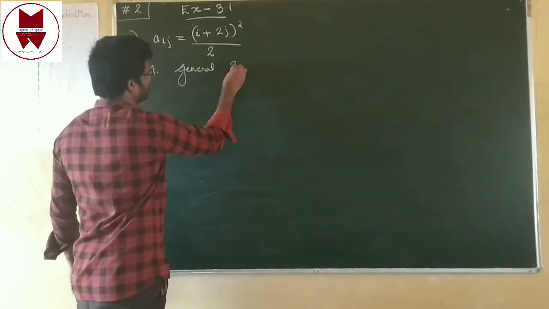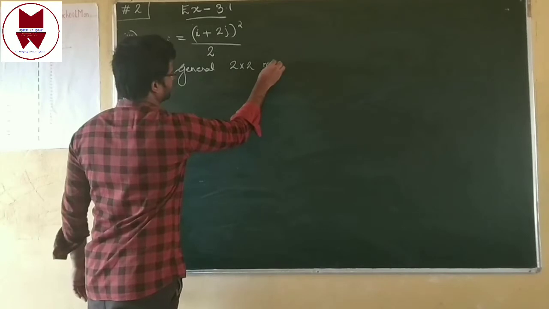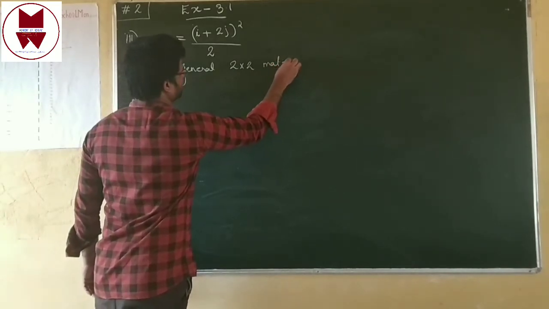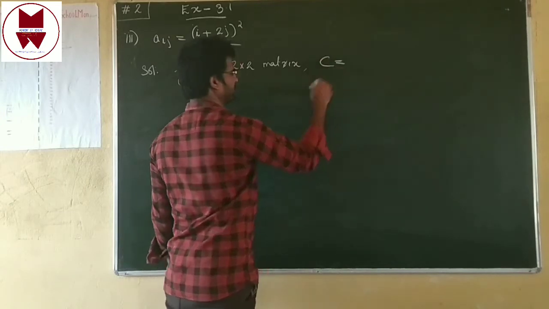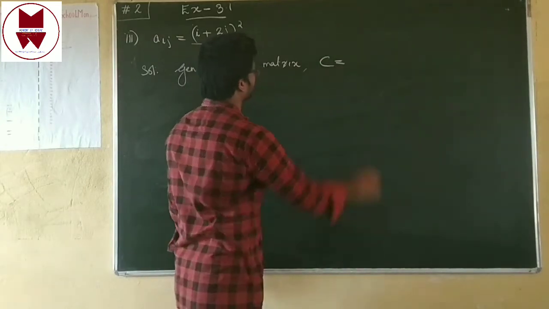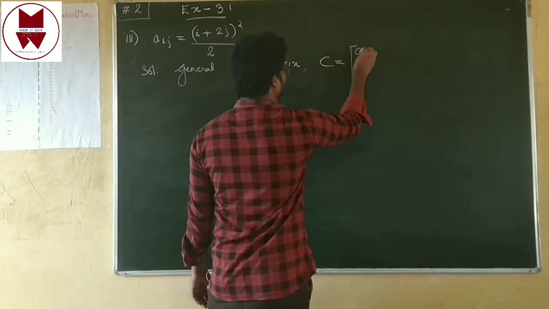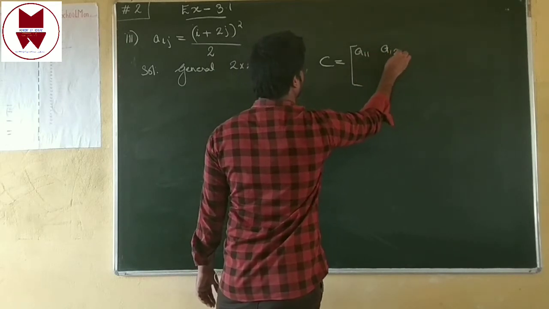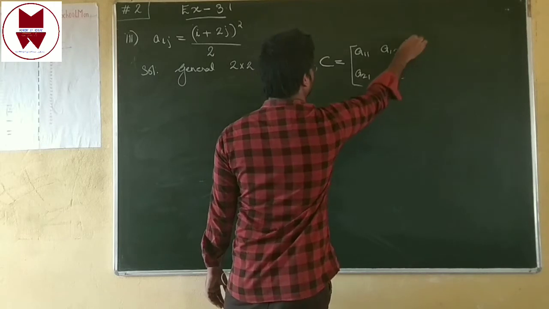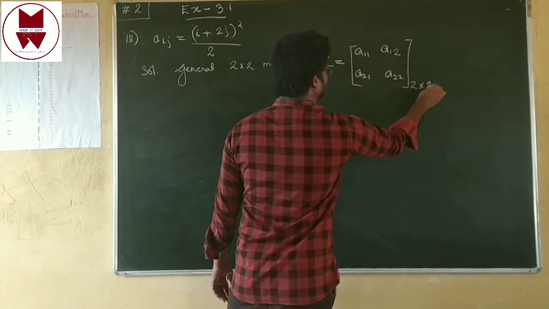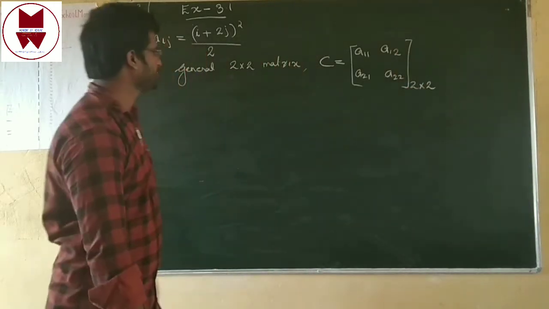General 2 by 2 matrix. You can give another name, capital letter C, the next alphabet. Then same A11, A12, A21, A22. This is our general 2 by 2 matrix.